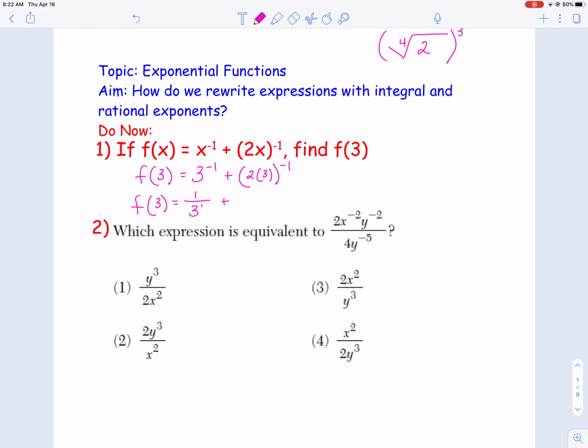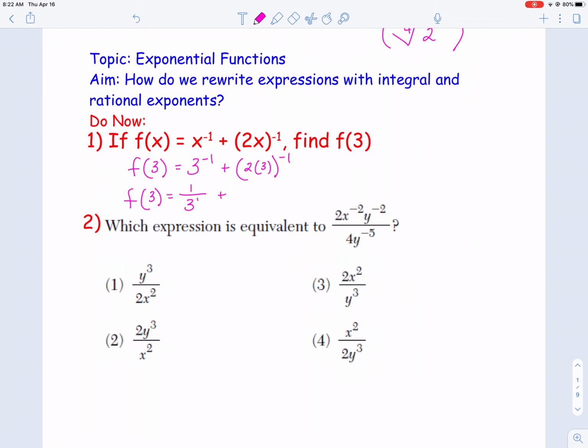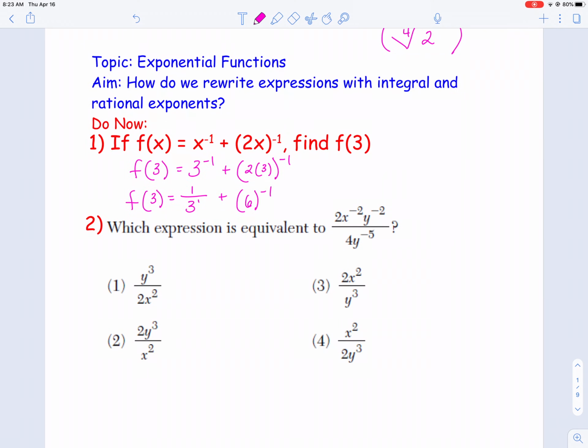And here, 2 times 3, you simplify inside parentheses before you do your negative exponent, because that whole thing, 2x, is being raised to the negative 1. So that is 6 to the negative first power. So f of 3 is going to be 1/3 plus 6 to the negative 1, which is 1/6.